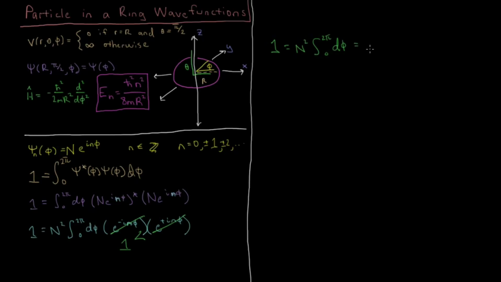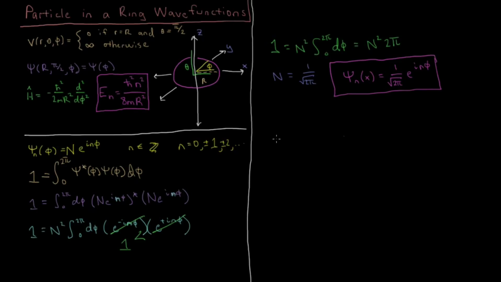And that is just N squared times 2 pi, because the integral of d phi from 0 to 2 pi is just 2 pi. So then we solve algebraically for N. We divide both sides by 2 pi and take the square root. So we have N equals 1 over square root of 2 pi. Thus, our final wave functions, psi n of phi, are just 1 over square root of 2 pi e to the i n phi.